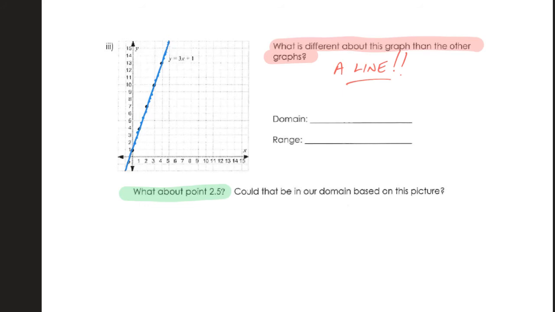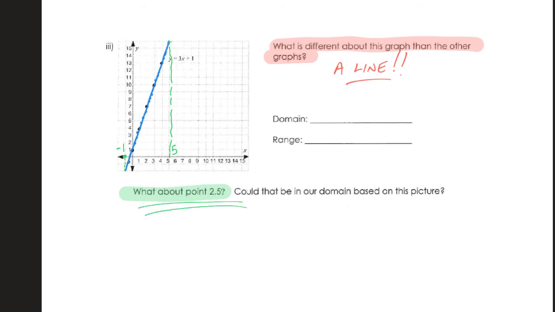Well, then my x values are everywhere. And if I go up here, I notice that that's at -1, and all those points on that line all exist all the way over to here, which puts me at an x value of 5. And all my x values are everything in between.